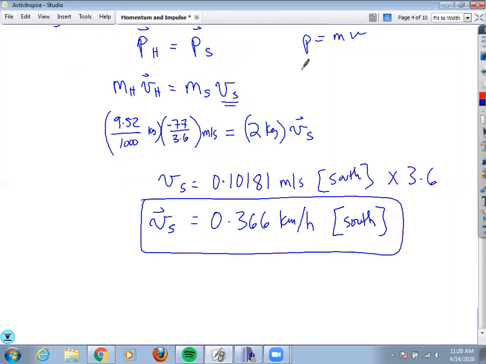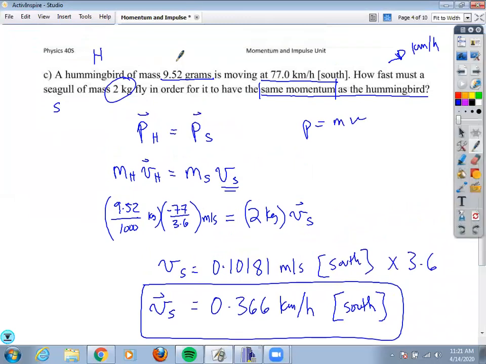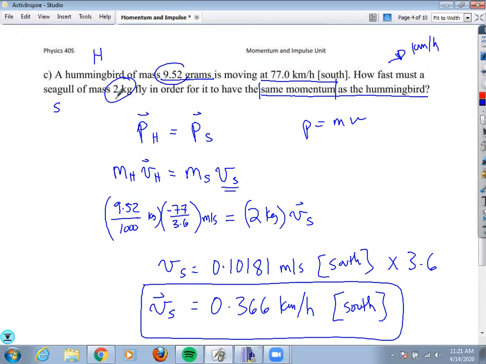Why does the seagull have to fly so much slower than the hummingbird? Well, the hummingbird has a very small mass, and the seagull has a large mass in comparison.